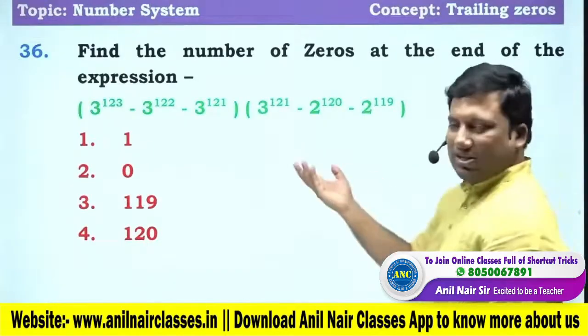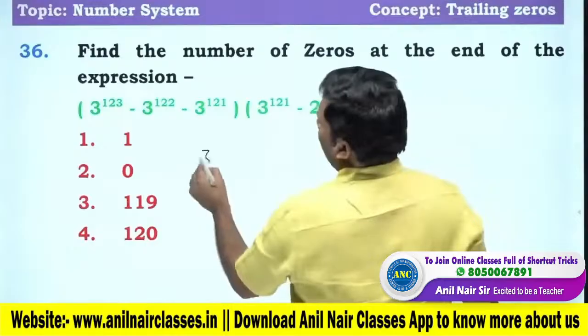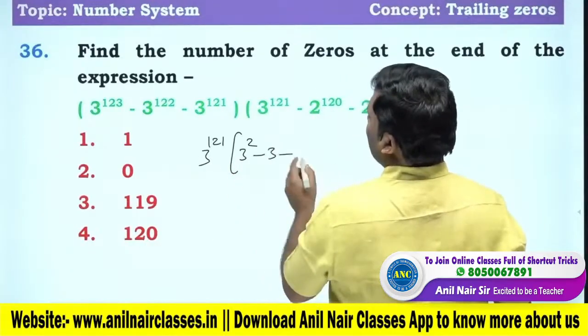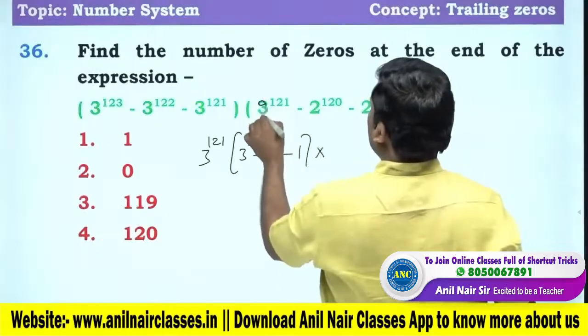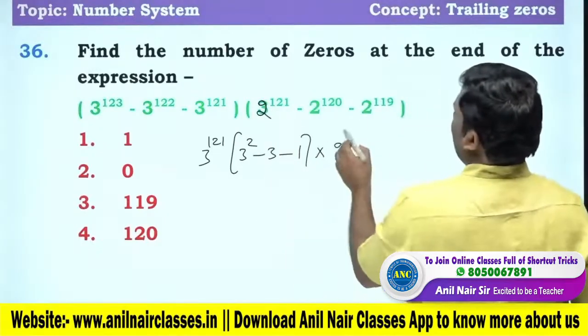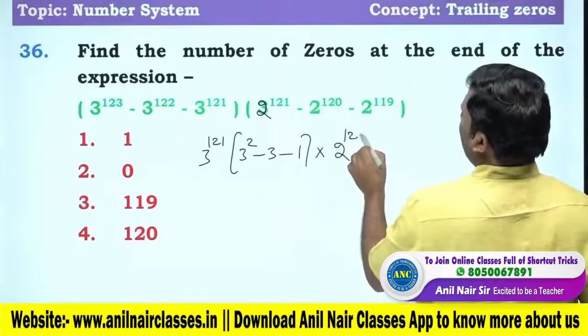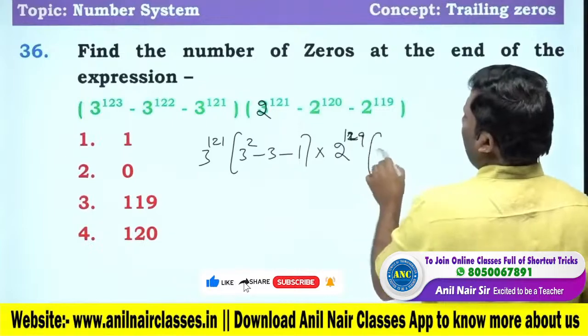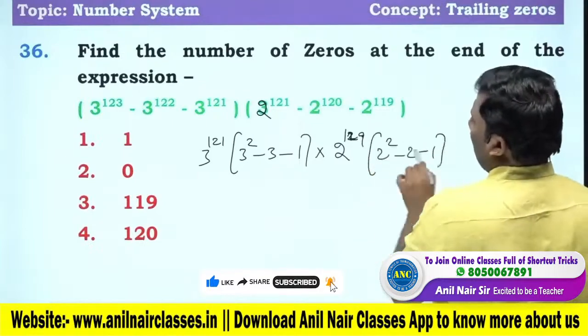So this will be the same model we did. 3 power 121, if I take 3 square minus 3 minus 1. It is 2 power 121, sir. 2 power 119, if I take 2 square minus 2 minus 1.